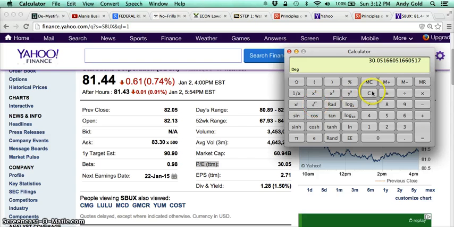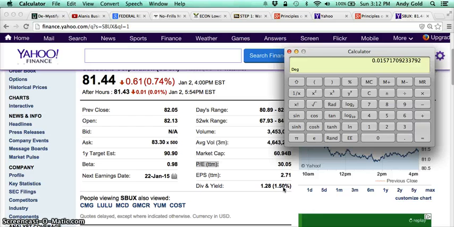So again, if you take $81.44, and you take $1.28, which is the dividend amount, and you divide that into the share price of $81.44, you get a 1.5% dividend yield. So that's how that's calculated.